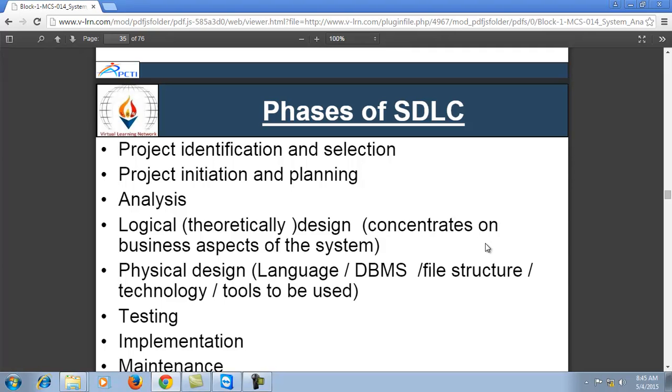By making use of this tool, most of the facts and figures can be verified. This observation is done at the customer site where the proposed system is to be imposed, right?